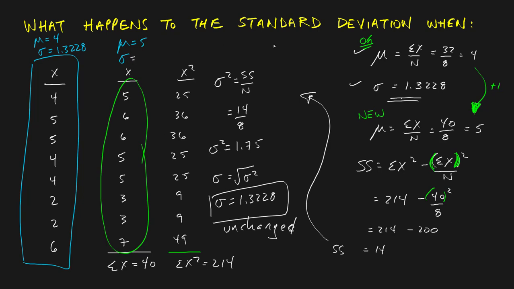So the standard deviation is 1.3228. So apparently, when you take all of your values and you add 1, so you do that for all of them, it does affect the mean, but it has no effect on the standard deviation. Now, if you think about it, that should make sense.